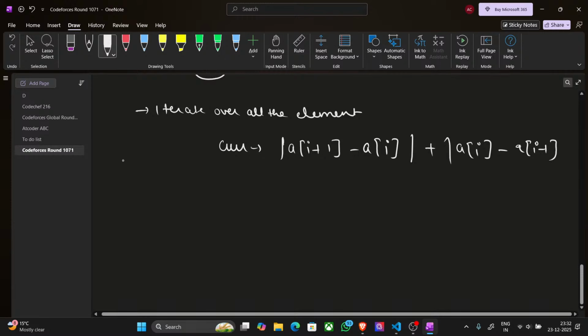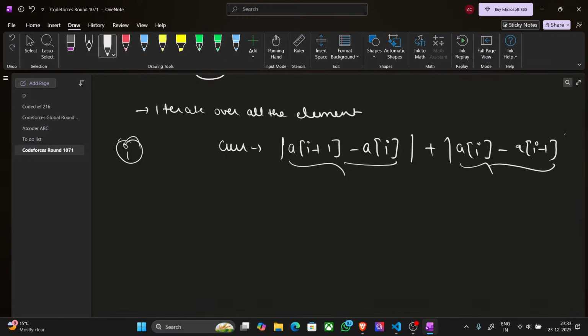So for any particular index i, ai will be contributing this ai plus 1 minus ai and ai minus ai minus 1. And after deleting element ai, the contribution will remain this: ai plus 1 minus ai minus 1, right?